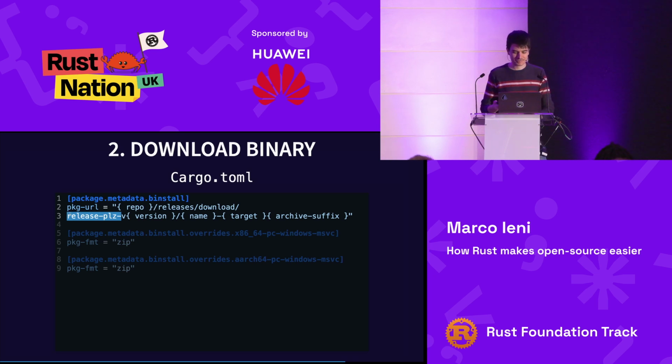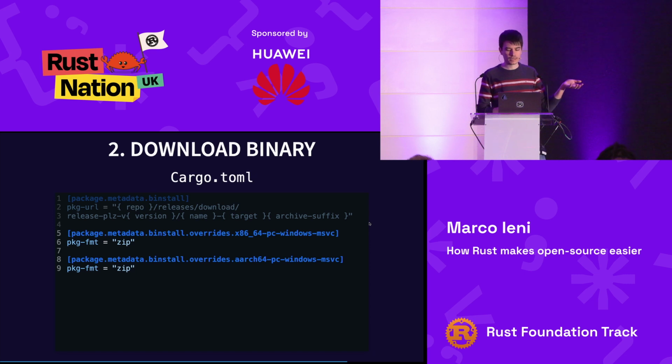I don't know why, just the way it is. So you can specify the right pattern of your assets. And for example, one thing I had to do was to specify that my binaries on Windows use zip instead of tar.